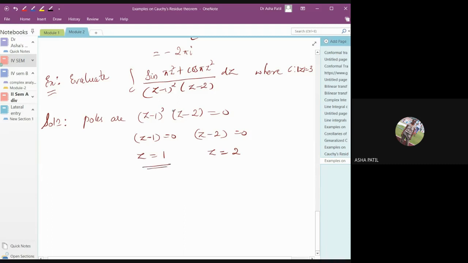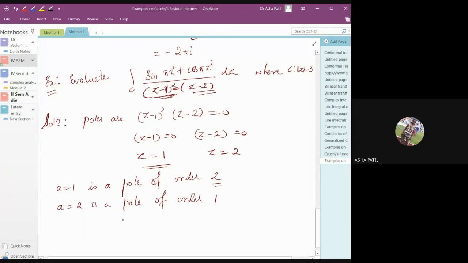But this one, the term is having a power here. So we'll say that a equal to 1 is a pole of order 2. Because we have z minus 1 whole square, we say that order of that 1 is 2 and the other pole 2, its order is 1. Because the power of this term z minus 2 is just 1 there.